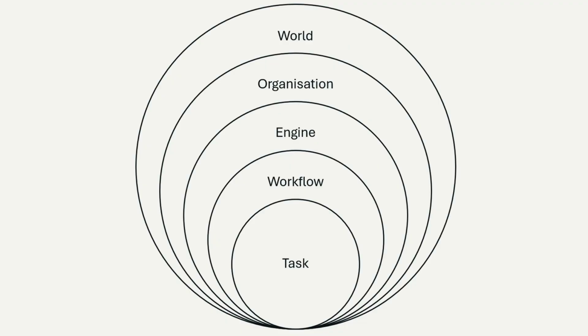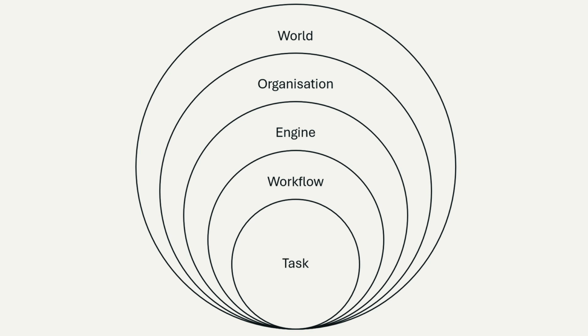And the lowest level for us here is the level of the task. So when it comes to defining object types, you can define them in principle on all of these levels. And the question is, where is this useful? What makes the most sense?